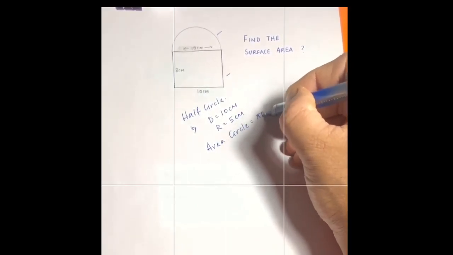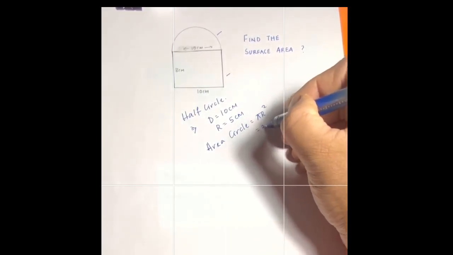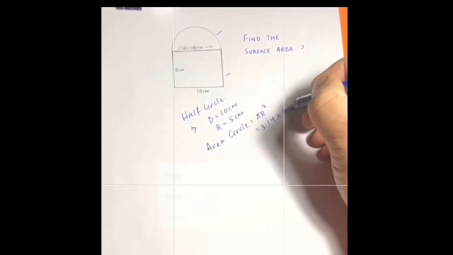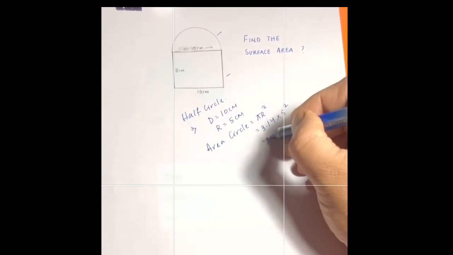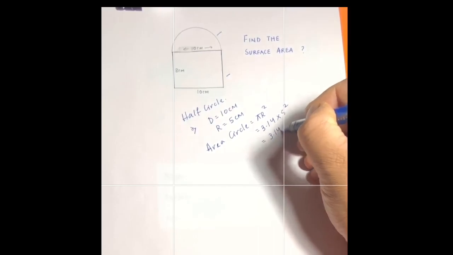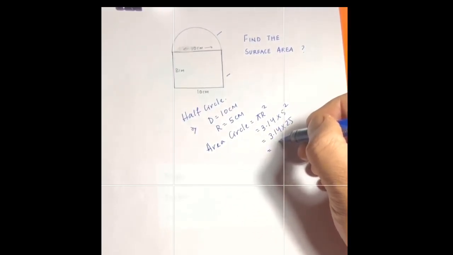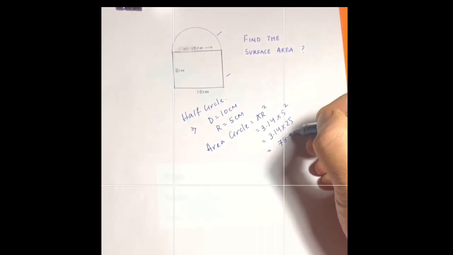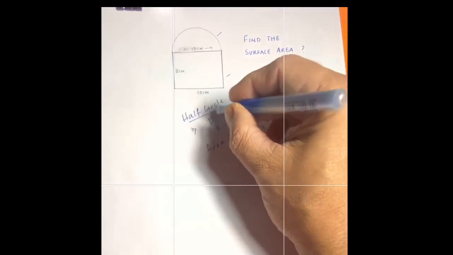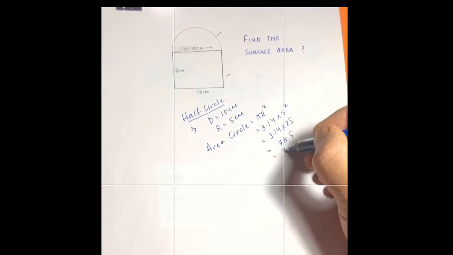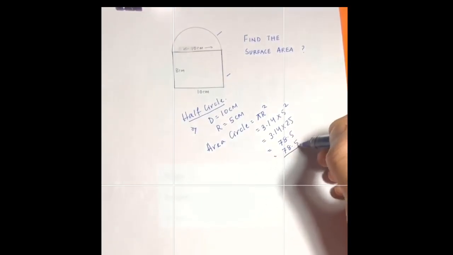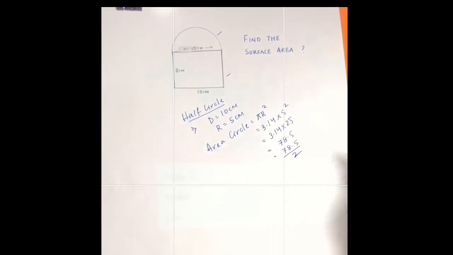is pi r square. Okay, so this is 3.14 into radius 5 square, so this is 3.14 into 25, so it is coming to around 78.5, and as this is a half circle we have to do half of it, so 78.5 divided by 2.